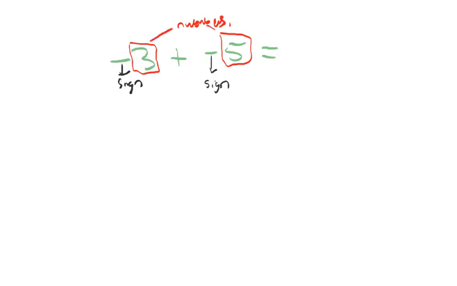So the key concept here is, when the signs are the same, we keep the sign and we add the numbers.